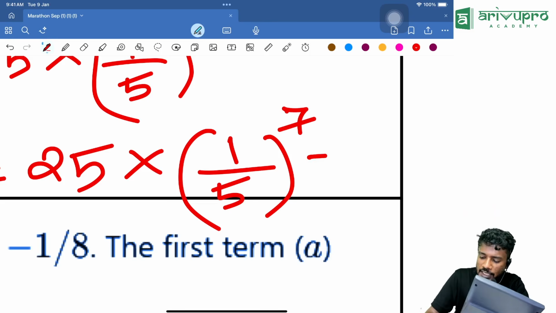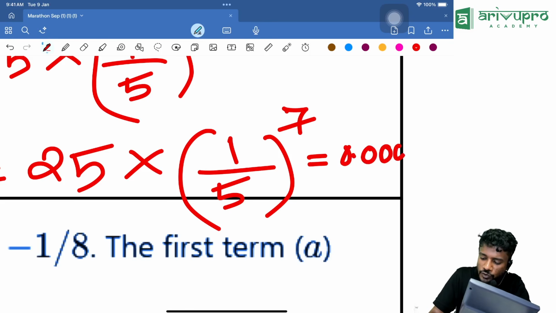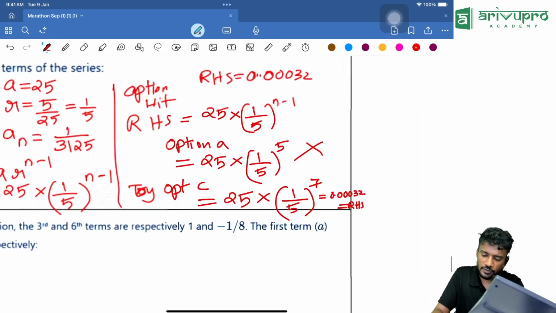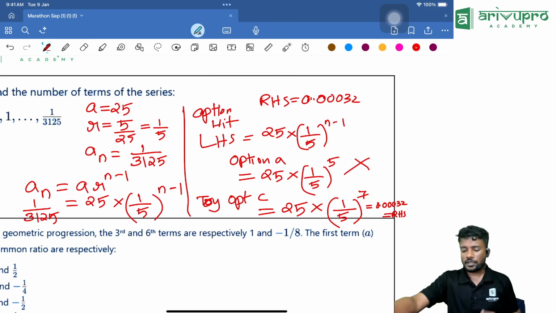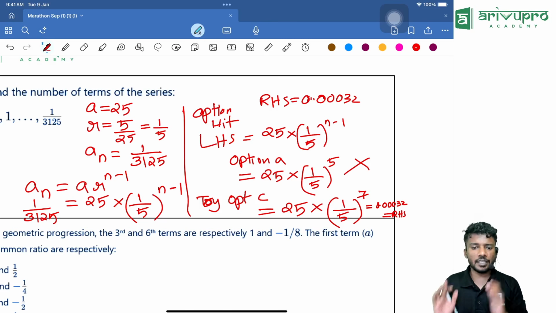You are getting 0.00032, which is equal to our LHS. Got the point, people? That's how you do it.